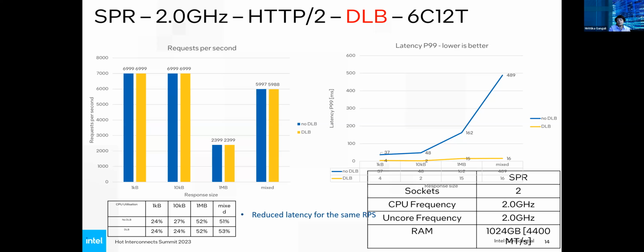In this whole usage of this accelerator, the largest benefit is to latency. Since we are keeping the RPS the same, and we are not increasing or decreasing it, the utilization doesn't change much. If you see the utilization table on the left bottom, the utilization doesn't change much, but we have reduced latency.